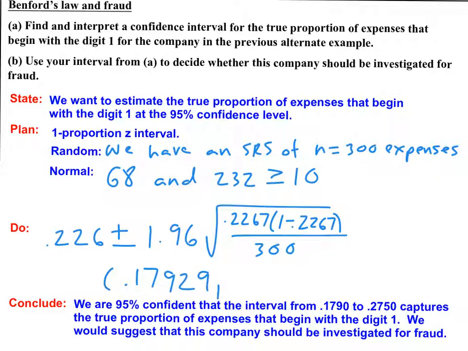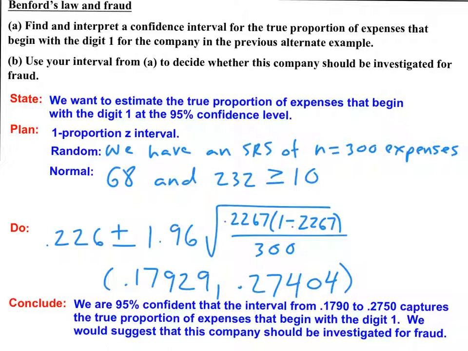Here we choose a 1 proportion z interval, and we would end up with that we are 95% confident that the true proportion of expenses that begin with a 1 at this company is between 0.17 and 0.27.